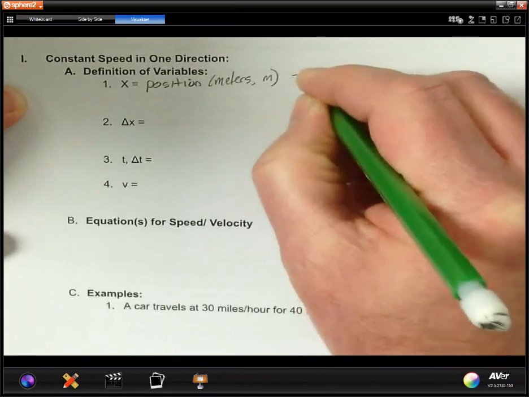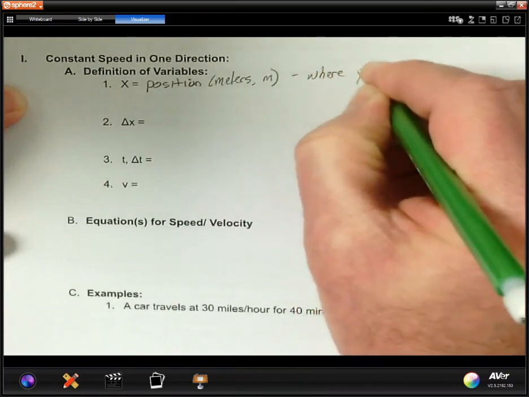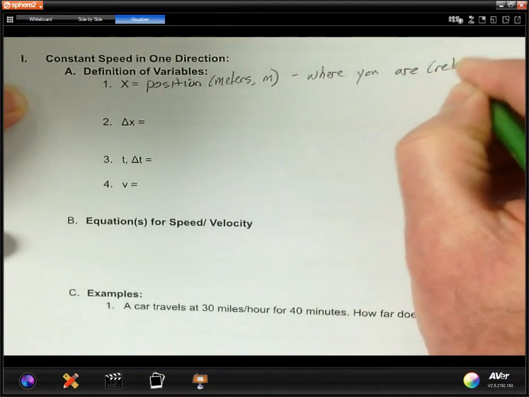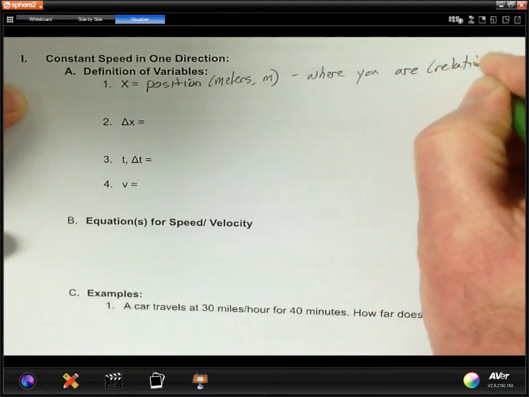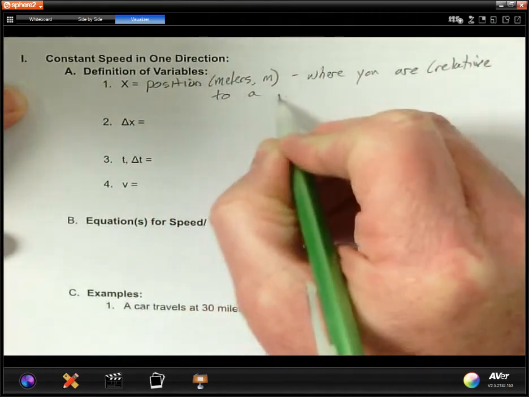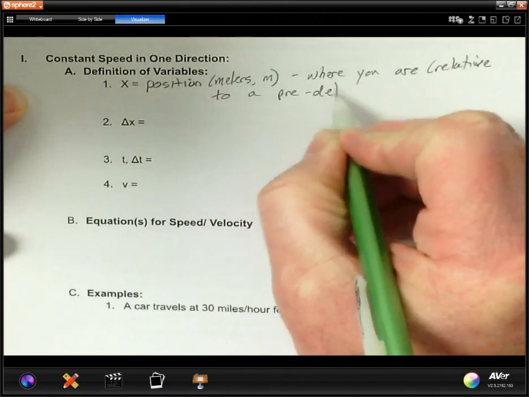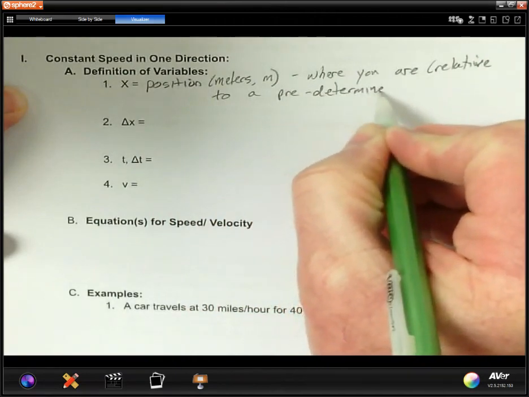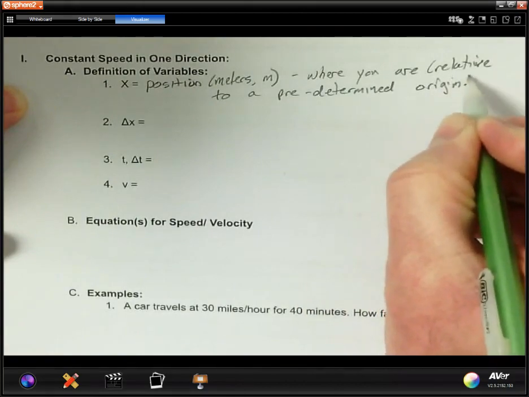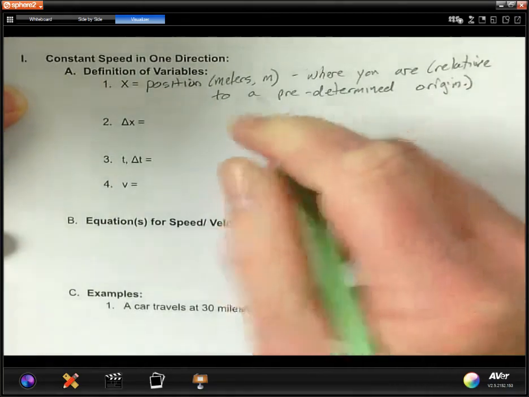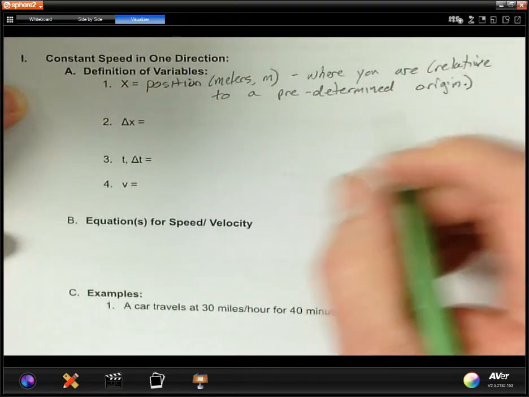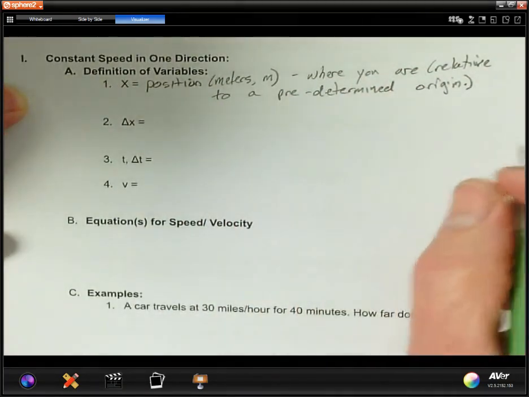And we're going to define it as where you are relative to a predetermined origin. Okay, so like I might be 30 meters east of the doorway to my room.